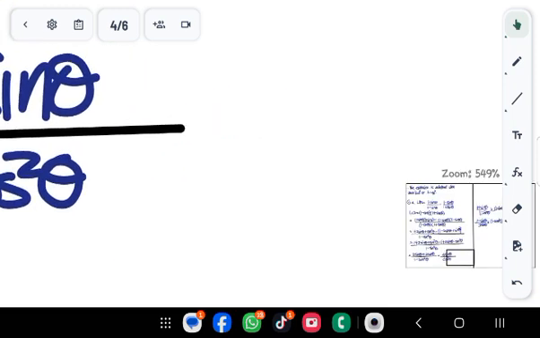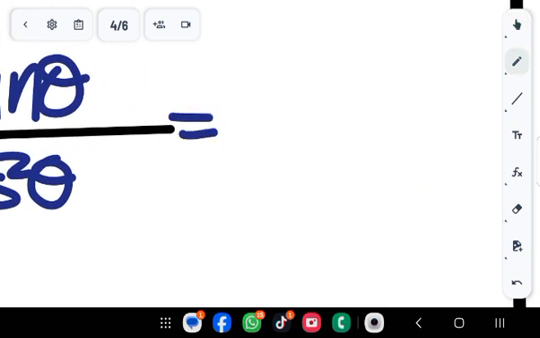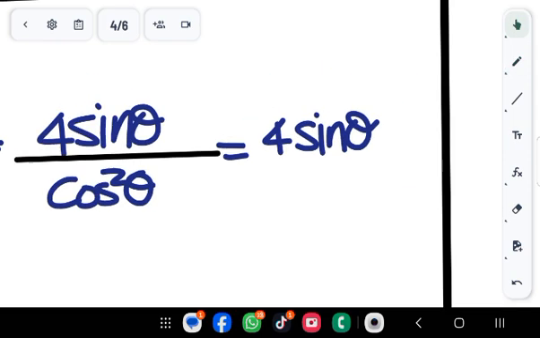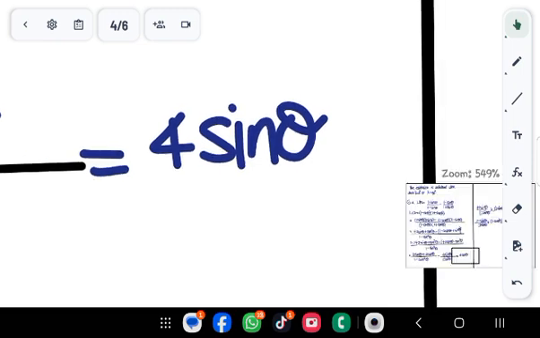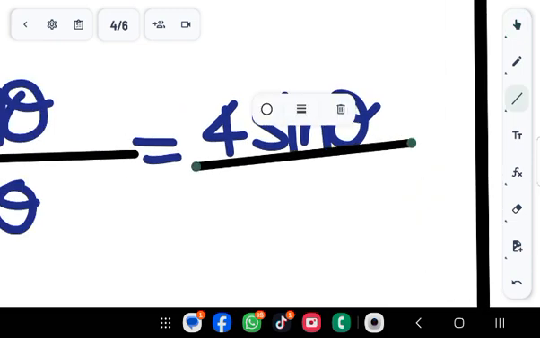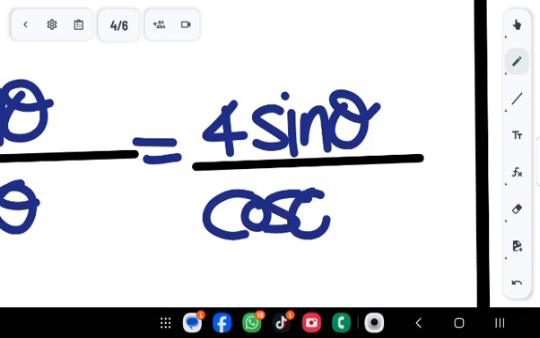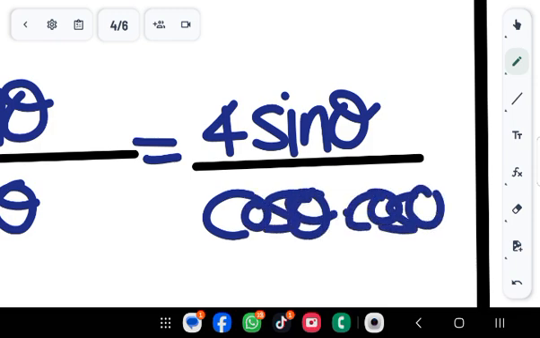That is equal to 4 sine theta over cos theta times cos theta.